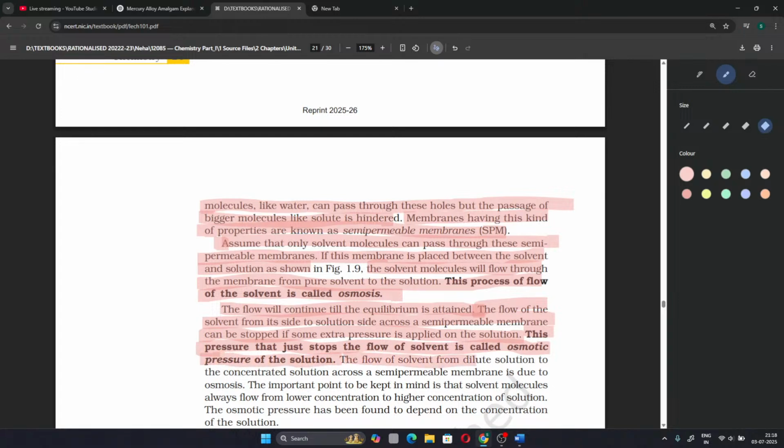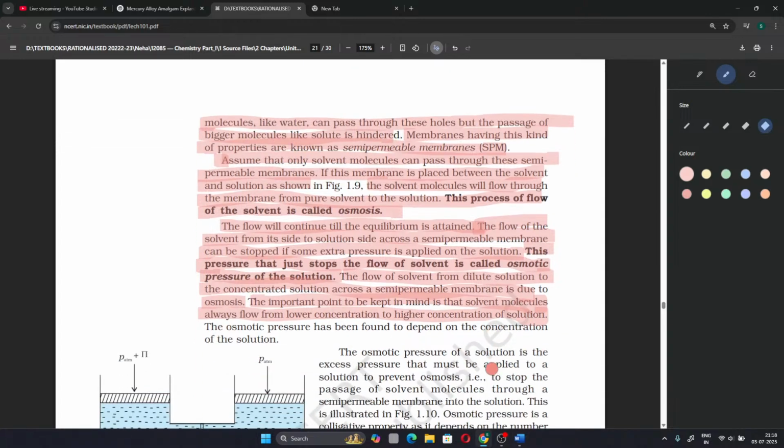The flow of solvent from dilute solution to the concentrated solution across a semi-permeable membrane is due to osmosis. An important point to be kept in mind is that solvent molecules always flow from a lower concentration to a higher concentration of the solution, not of the solvent. In terms of the solvent, the solvent molecules flow from the higher concentration of the solvent to the lower concentration of the solvent.